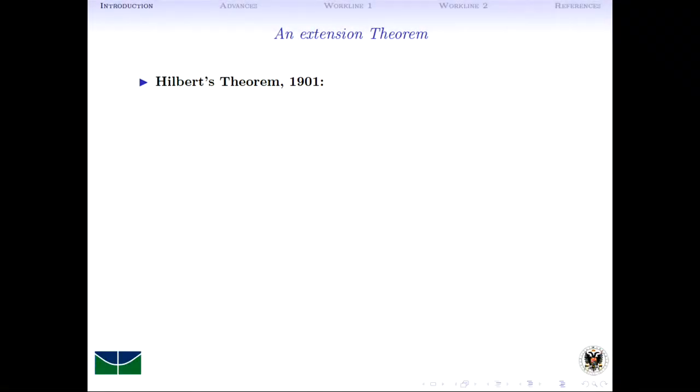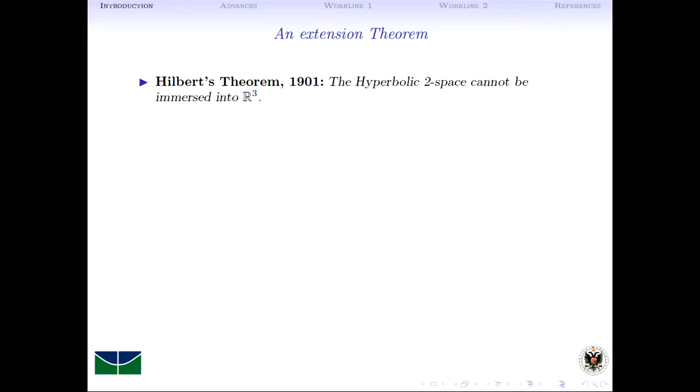Then Hilbert resolved that problem successfully. He proved that the hyperbolic 2-space cannot be immersed into R3.